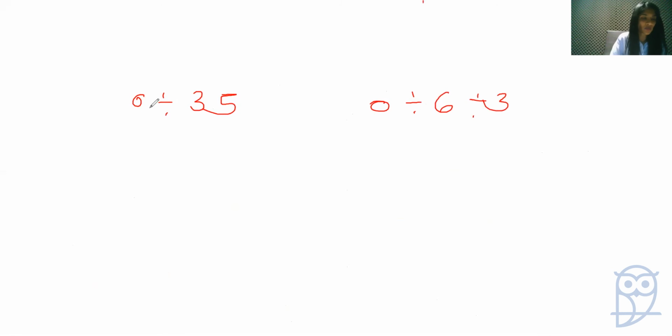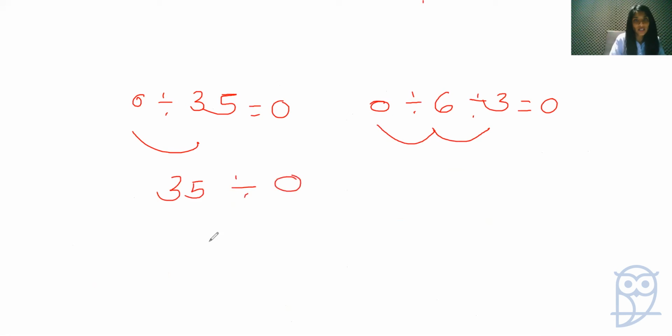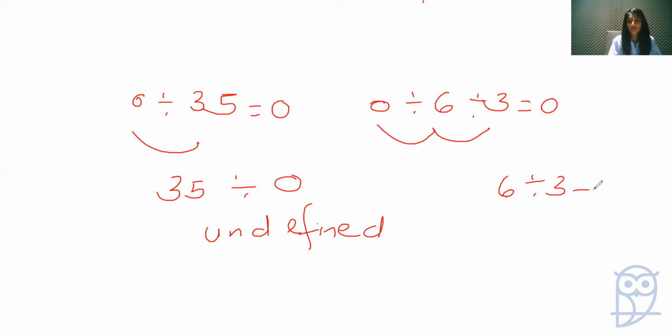Let's look at the first one. 0 divided by 35 we know is going to be 0. 0 divided by 6 is going to still be 0. 35 divided by 0 is undefined. And 6 divided by 0 is also undefined.